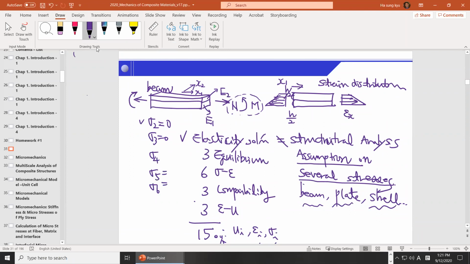These are all shear terms. Sigma 4 is sigma yz, and sigma 5 is xz, and sigma 6 is xy. We will discuss later, but in this beam theory, we start with these assumptions.